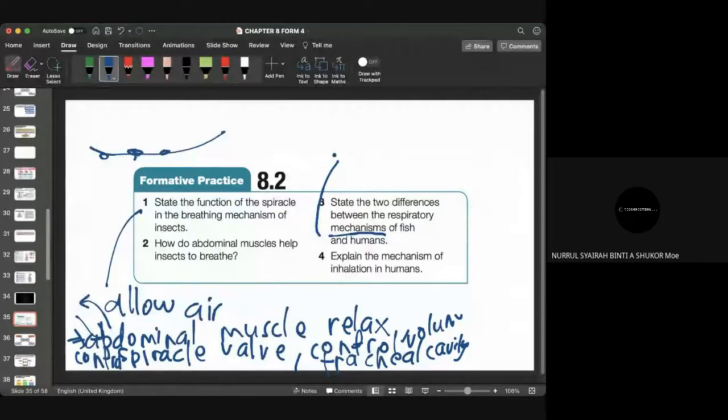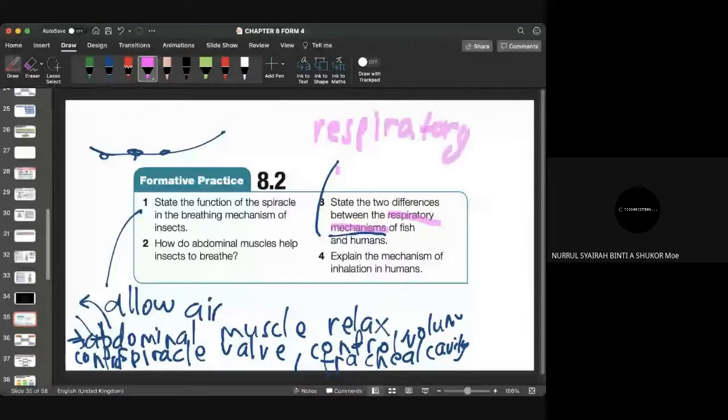Yes, betul. Alright. So, nampak maksudnya Hadif Amin jawab soalan dengan bijak. Alright. 2 differences respiratory mechanism. Kalau student, yang selalu silap, you cakap structure. Different respiratory structure. You cakap fish ada gills, ada lung.